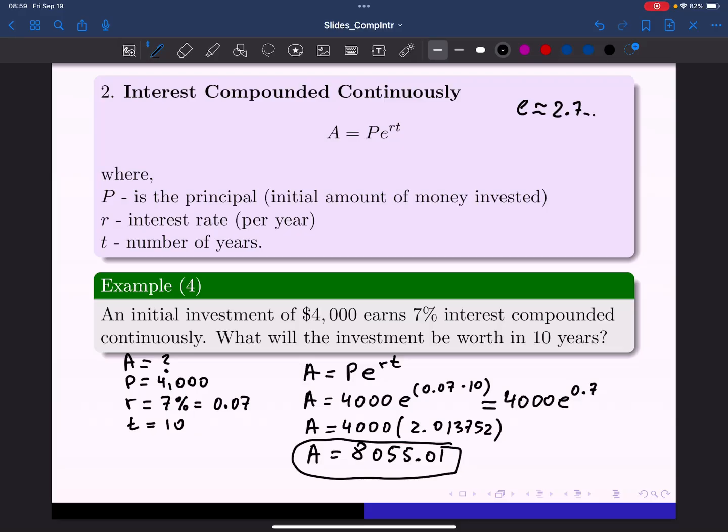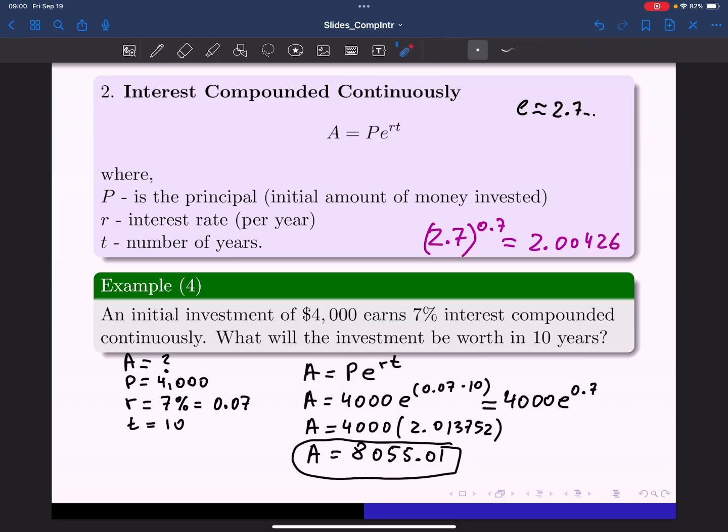I want to emphasize that the approximation makes different numbers. If we use 2.7 for e and type on the calculator 2.7 to the power 0.7, we get the number 2.00426.